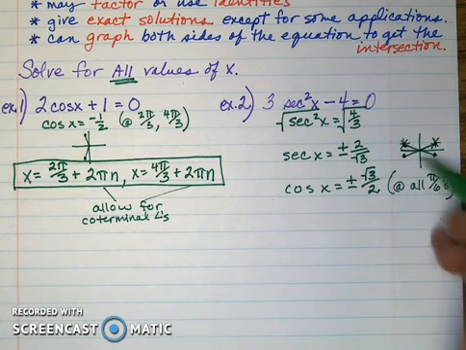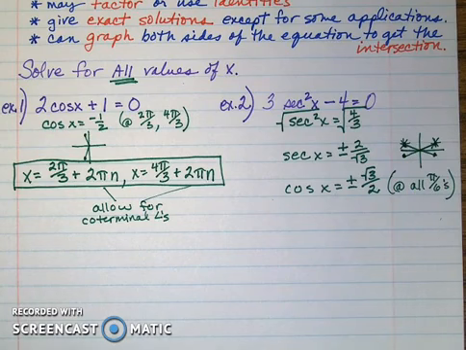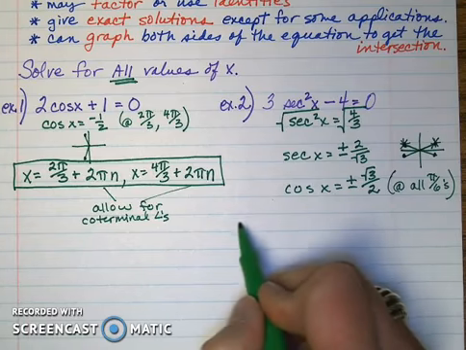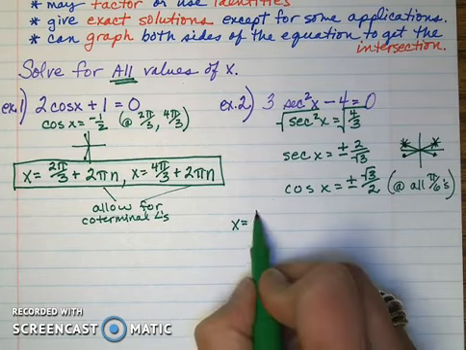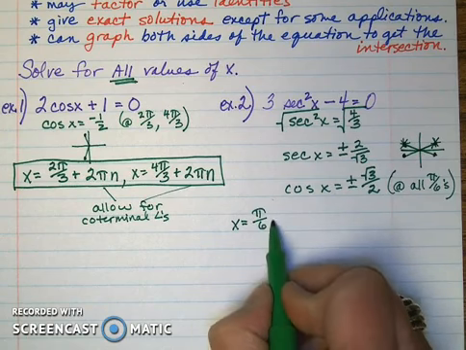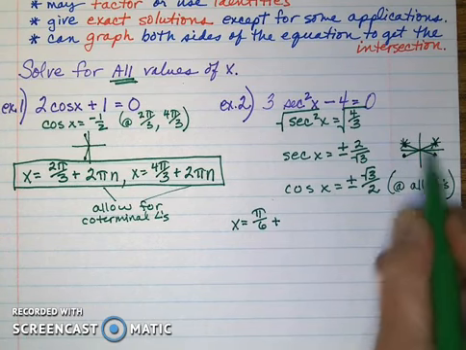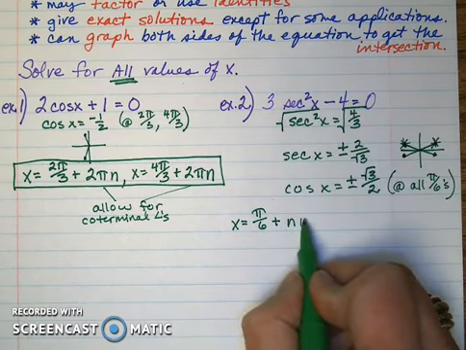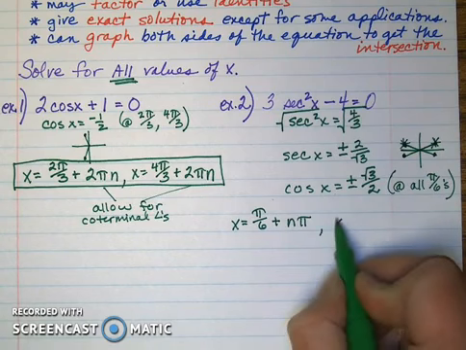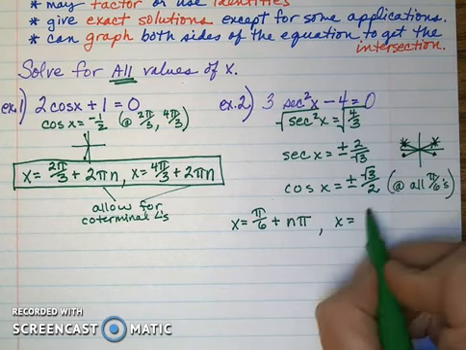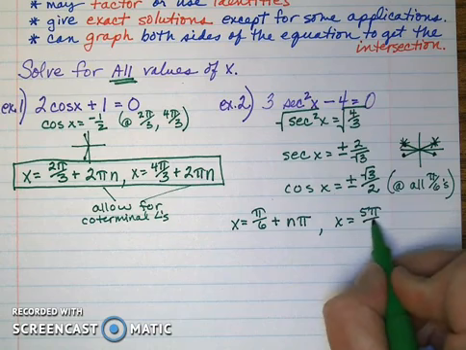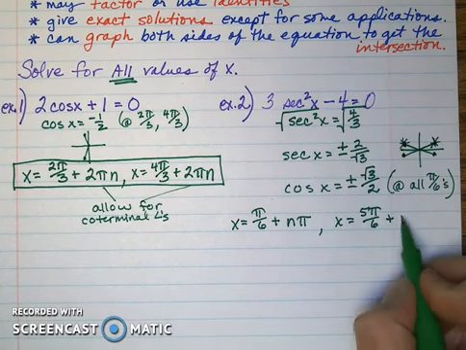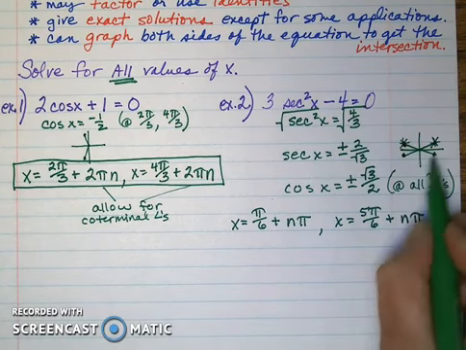And I'm going to say adding a multiple of pi instead of having to list all 4 equations. So my first one would be at pi over 6, and I'm going to add, as I said, a multiple of pi because that will swing me around into quadrant 3. And then I can also have 5 pi over 6, which is in quadrant 2, and if I add a multiple of pi, half the circle, that's going to take me around into quadrant 4, and we'll pick up that answer.